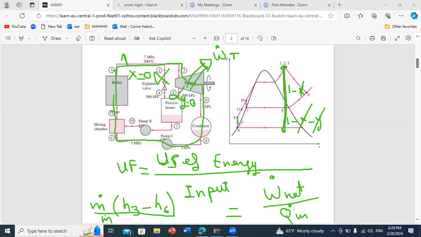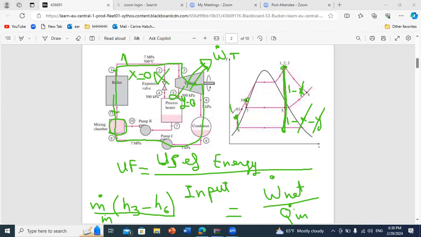Why? Because what is point 11 here? Point 11 is the exit of the mixing chamber, which is mixing two fluids, one at state 9 and one at state 10. But here, since I'm not mixing anything, I have one flow. So point 9 and 11 will be the same.